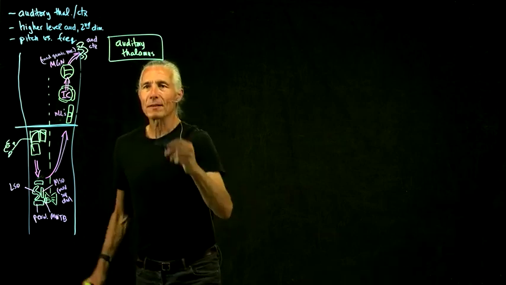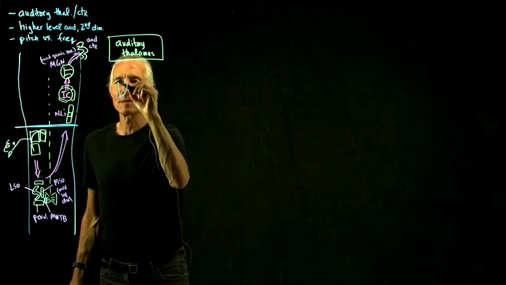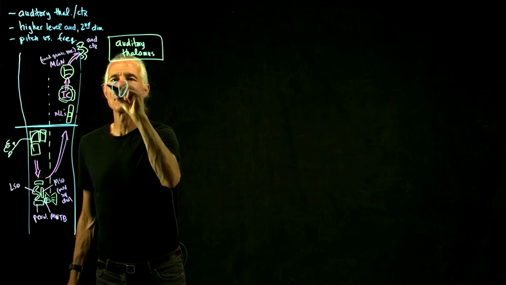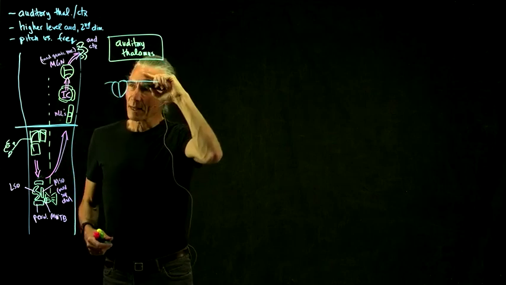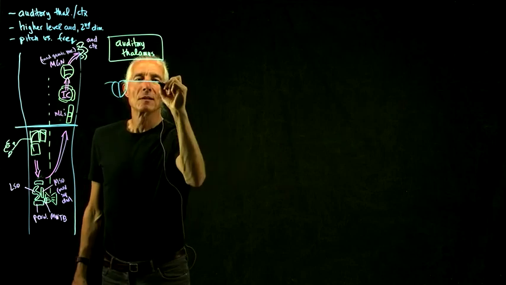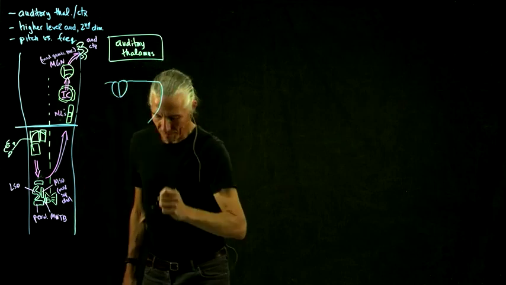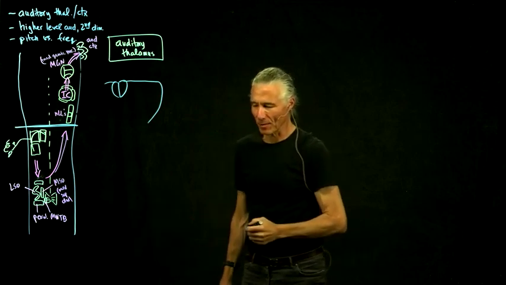The top bump forms the epithalamus, the habenula that's hooked up to the pineal. And then the second bump from the top forms the dorsal thalamus, which was the biggest one.